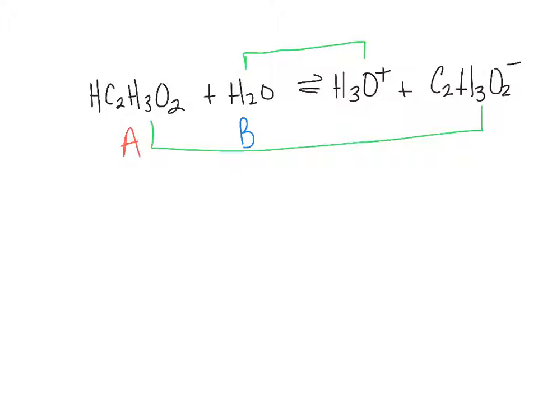So we connect them, and if acetic acid is our acid, that means our acetate or our ethanoate ion is the conjugate base. If water is our base, the hydronium ion is our conjugate acid.